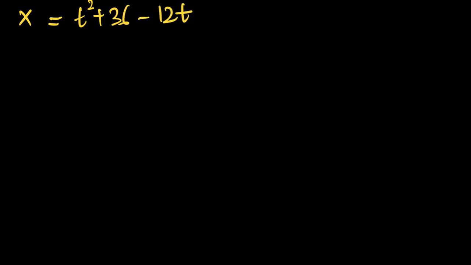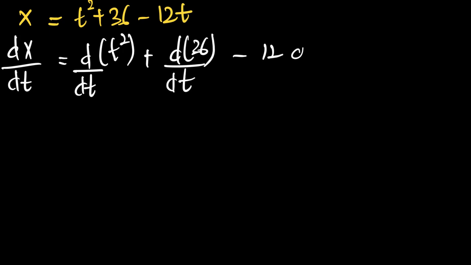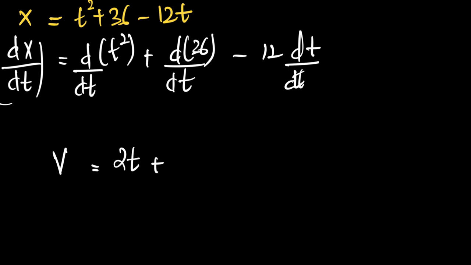Now, if this is x, what is dx by dt? dx by dt will be equal to d by dt of t square plus d by dt of 36 minus 12 into d by dt of t. What is dx by dt? dx by dt is velocity, that is v. Derivative of t square is 2t, plus derivative of 36 is 0, minus 12 into 1.